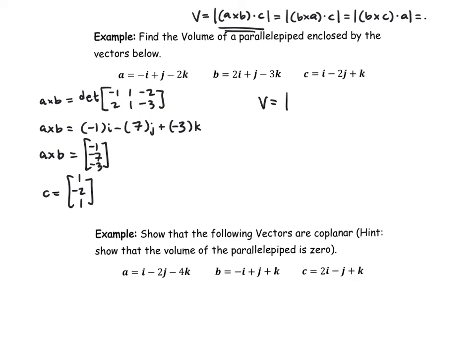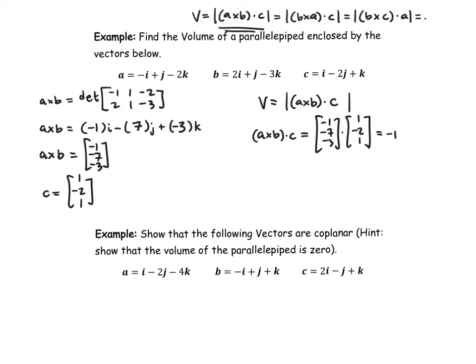The volume will be the absolute value of A crossed with B dotted with C. We have A crossed B, and dotted with C, so that'll be -1, -7, -3 dotted with 1, -2, and 1.